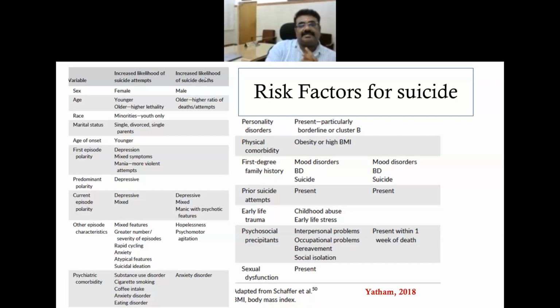Attempts are more common in females, whereas suicide-related deaths are more common in males. Likewise, there is predominant depressive polarity. Current episode depression is more likely to be associated with suicide risk. Other episode characteristics include mixed features, presence of rapid cycling, anxiety symptoms, and psychiatric comorbidity like substance use disorder and anxiety disorders. These are some of the things associated with an increased risk of suicide.